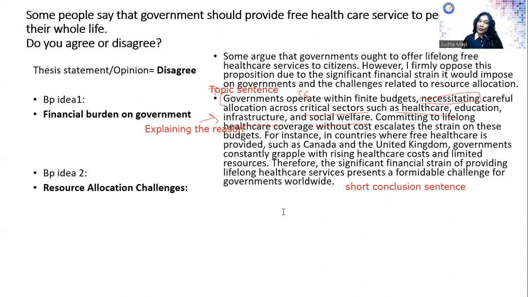Let's say you are already familiar with this: there are close to 15 to 20 topics which you can quite often see in IELTS essay questions. One is technology, another is education, health, then family, travel, hobbies, music, or childhood, children.